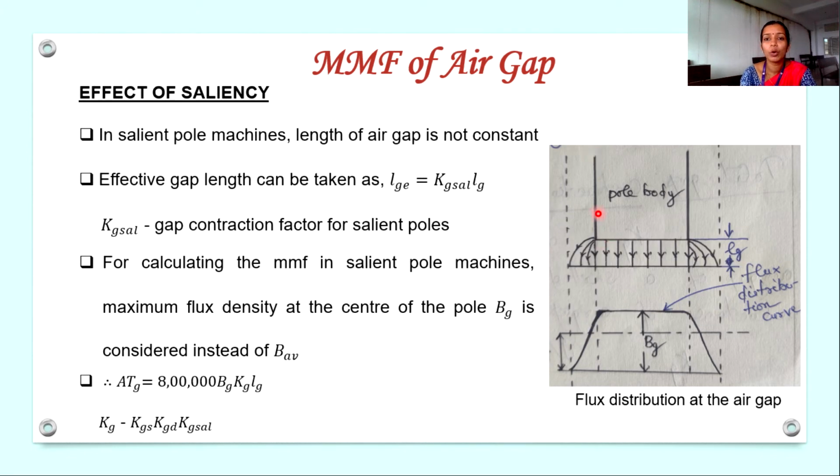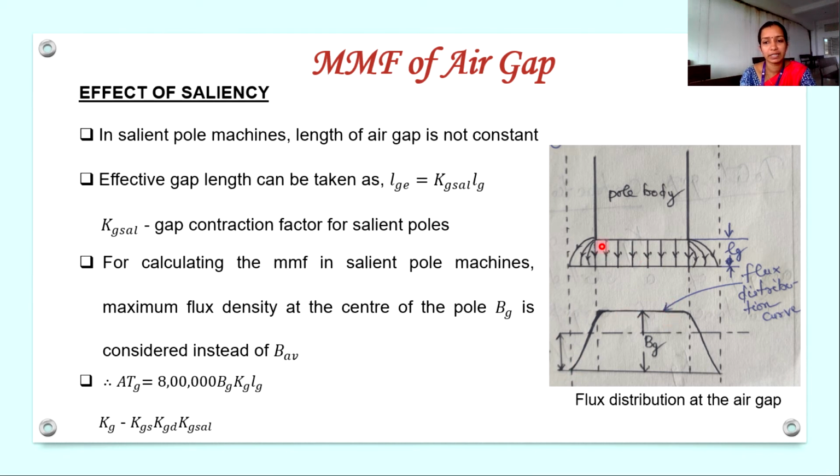A salient pole is shown here. This is the pole body and the flux distribution in the air gap is also shown. So this is the air gap with a length Lg. So flux will be distributed like this. At the tip of the pole, flux will fringe around like this. And this is the flux distribution curve. The curve showing the distribution of flux.